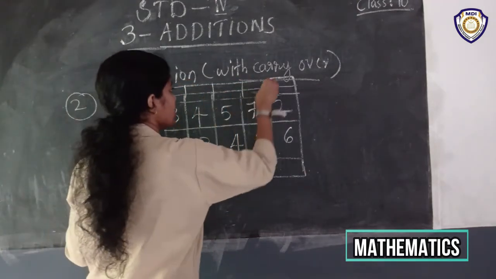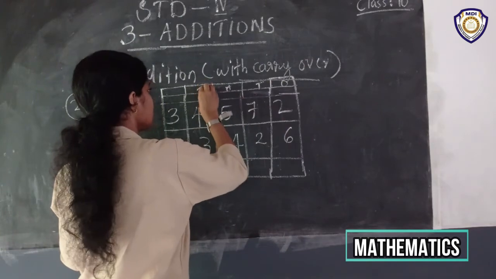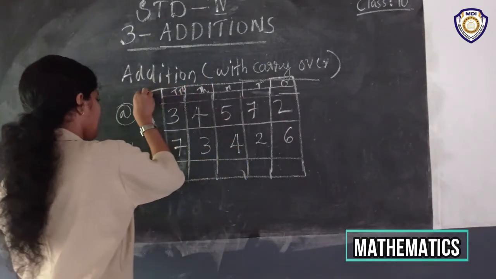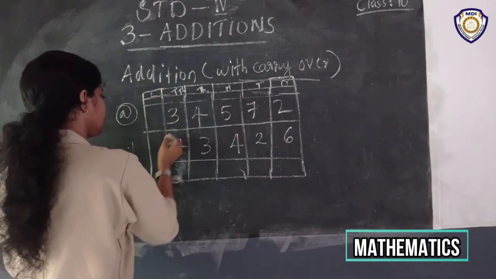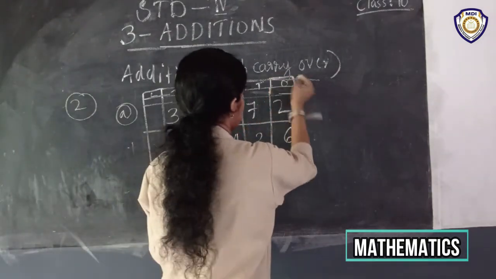Firstly put the place values: ones, tens, hundreds, thousands, 10,000s and lakh. Okay. Add the ones first.